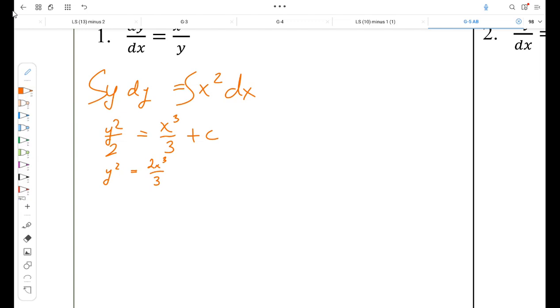Now, you have to be thinking when we're doing these. You've got to be thinking about what's happening to your c. This c could be any number in the world, and I'm going to multiply it by 2. Can that c still be any other number in the world? We're going to leave it alone and write plus c.